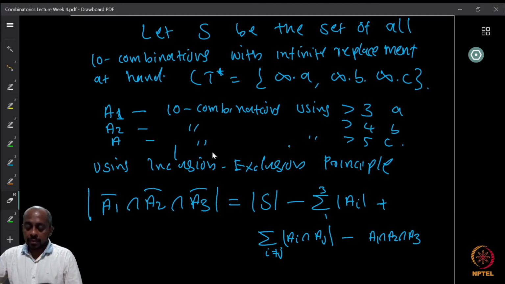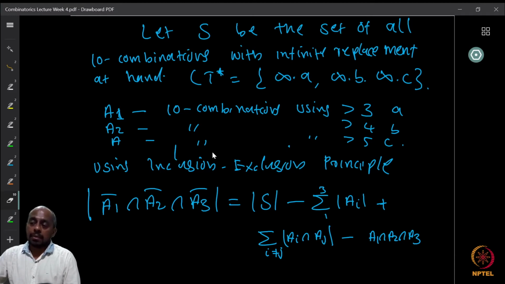Similarly, we define A2 to be the 10-combinations in S that have strictly more than 4 copies of B, and A3 to be those with more than 5 copies of C.